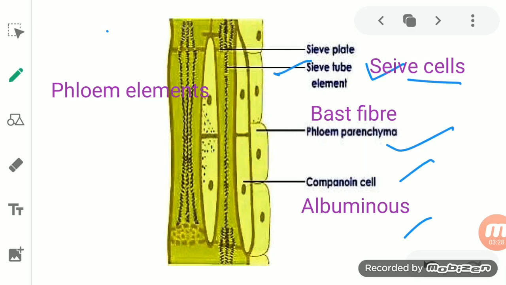Sieve tubes are basically present in the angiosperms, and sieve cells are found in the gymnosperms.